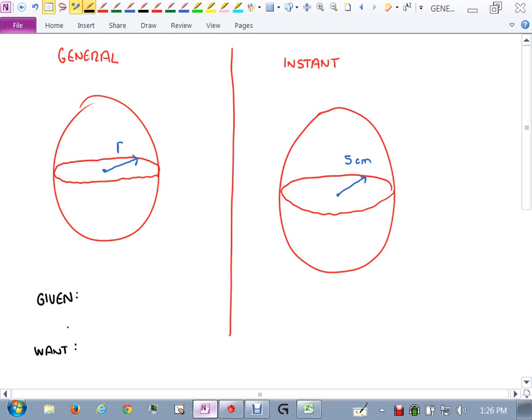The rate is a derivative, right? So it's like a d something dt. So what's given is the dr dt, the change in radius with respect to time, which is 10 centimeters a minute. Again, we don't need the units, but I'll put them in here anyway.